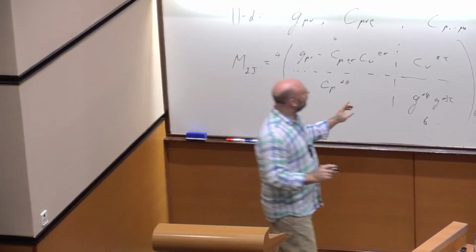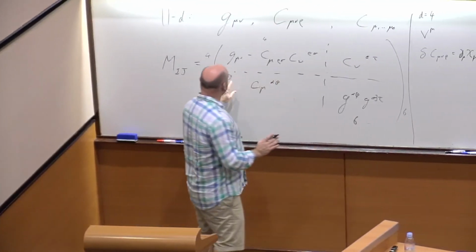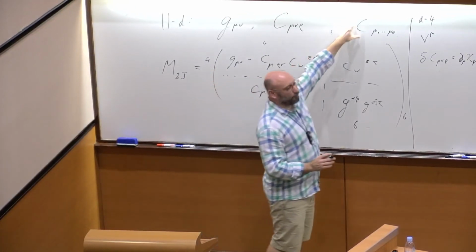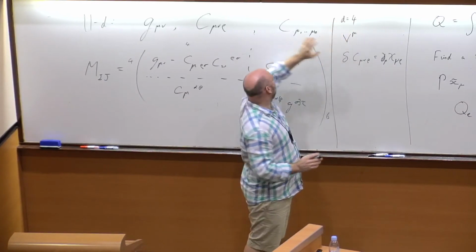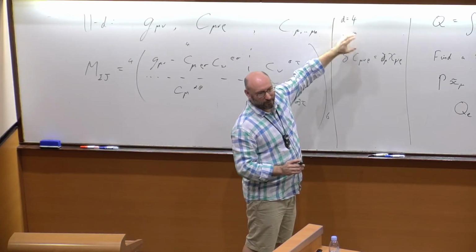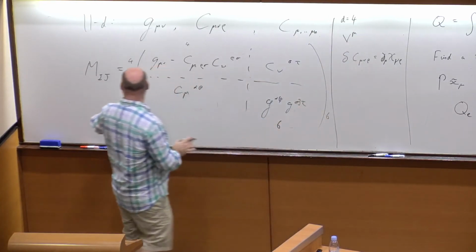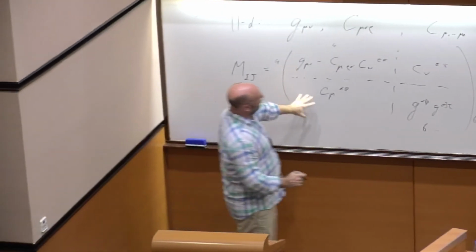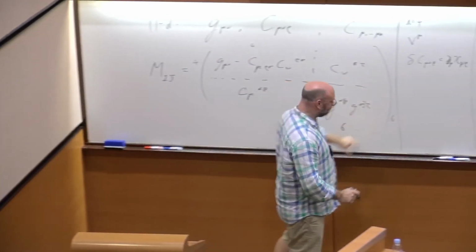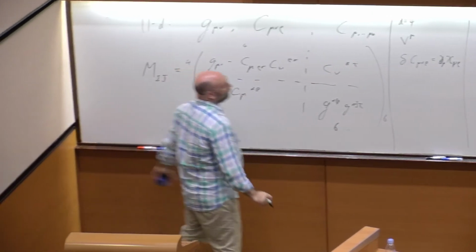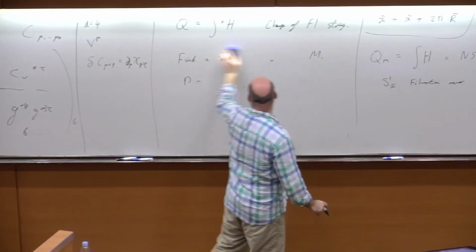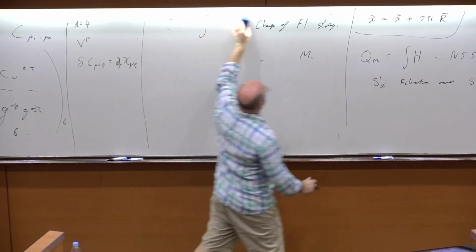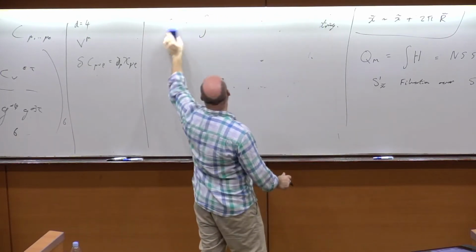So at the moment, I've not got this 6 form because I'm just looking at D equals 4. So you can't have a 6 form in D equals 4. So let's just do one step at a time. So when I do this, I get 10 dimensions in total. And what you can then show is you can then follow through the whole thing again. You can work out a metric for, so there's the metric.